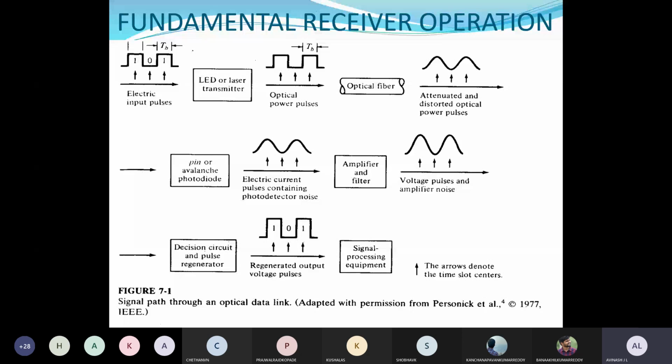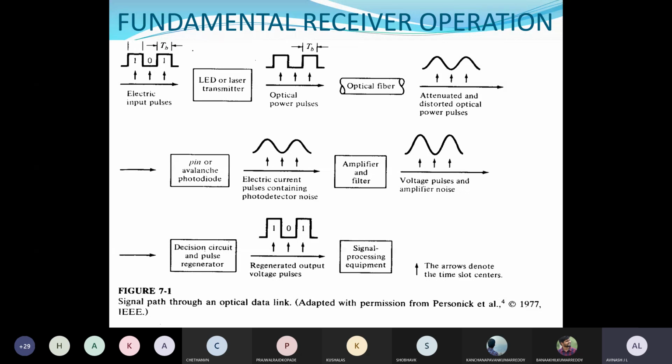See why we need to understand this: once we understand this fundamental operation, based on it we can frame any higher order devices. In order to design higher order devices, understanding the fundamental receiver operation is compulsory.